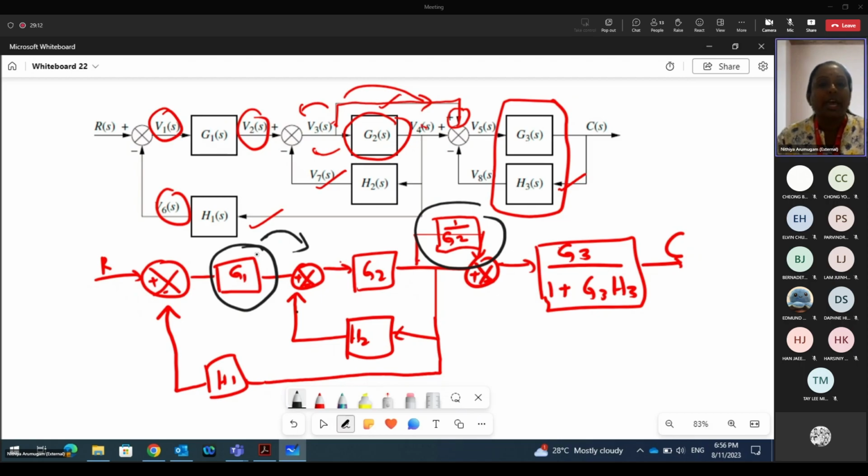So when I bring this, I'm going to change this block, and when I bring this, G1 and G2 will be in series, so I need to change this as well.